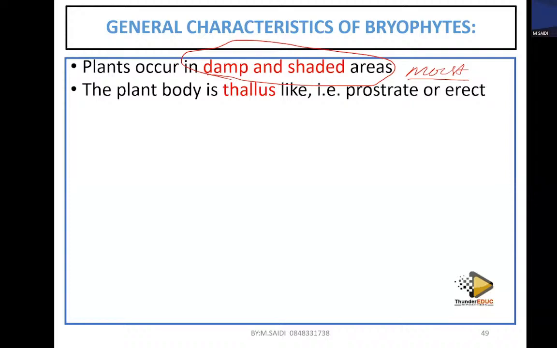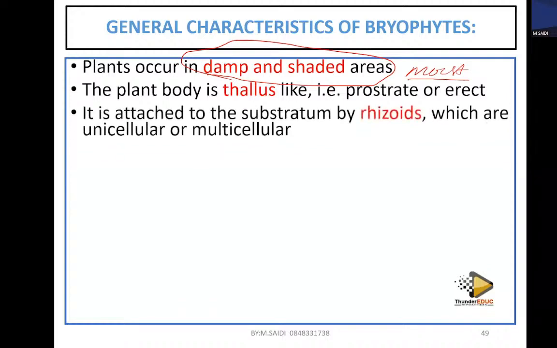Yes, it's a plant, but not perfectly a plant. You understand? That's why its roots are not called roots, they're called rhizoids. We're going to see that. So it is plant-like, hence we call it a thallus. It is attached to the substratum.